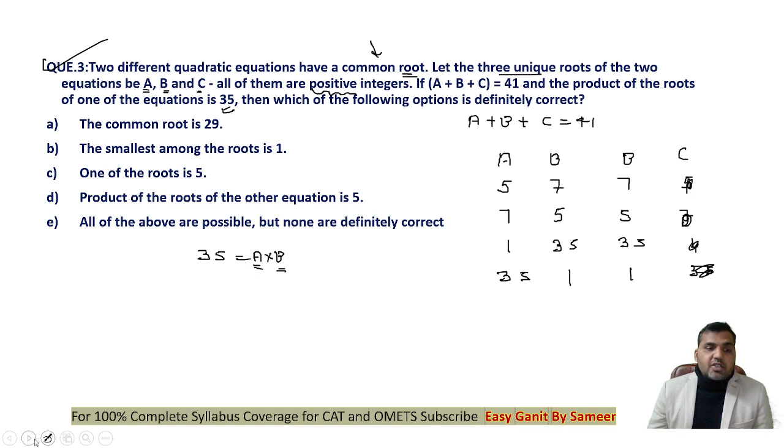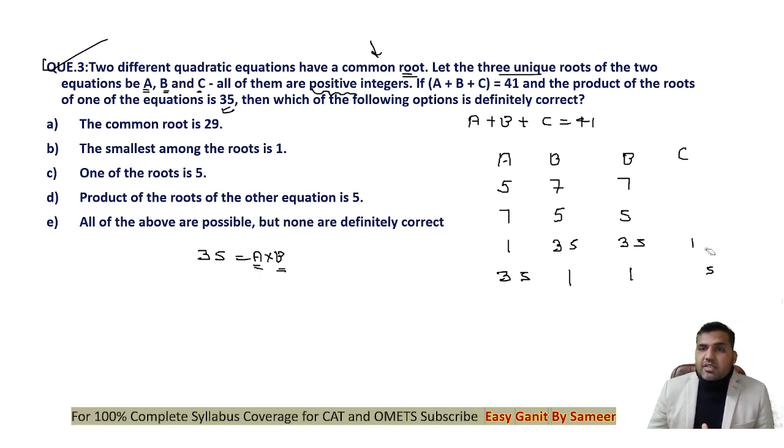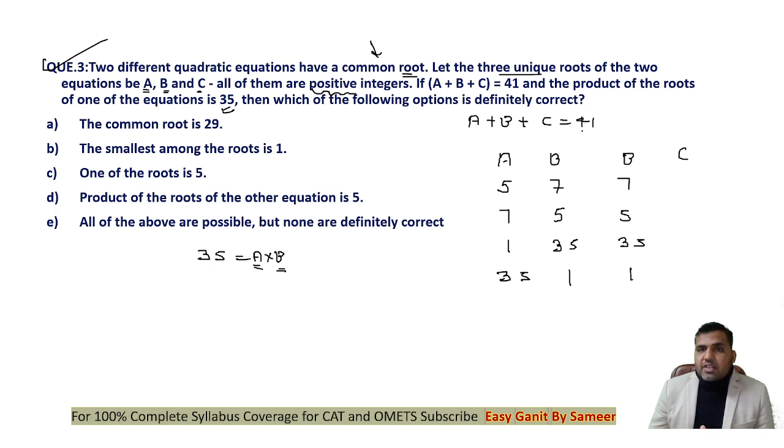We can only take the common root as it is, same as b, so we need to change the value of c here, right? So see that the summation has to be 41. This is 5, 7, 12, 12 plus 7, 19, 19 plus 22. 7 plus 5, 12, 12 plus 7, 17, and 17 plus 24.